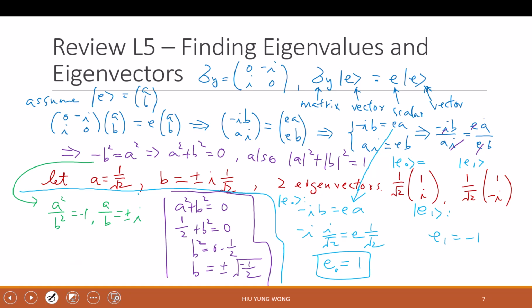We take this opportunity to learn a little bit more, but in the future we will see more. Any vector, whole vector, doesn't need to be the two states. You multiply e to the power i theta. Maybe you forgot, e to the power i theta has a modulus equal to 1. The length is equal to 1. In quantum mechanics, in quantum computing, we consider it to be the same as E physically.